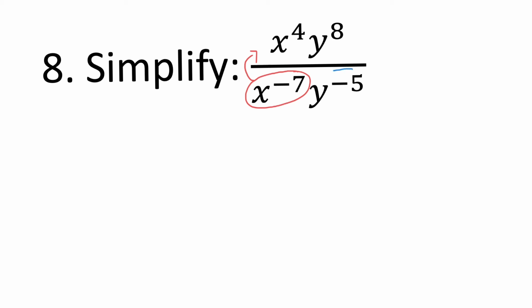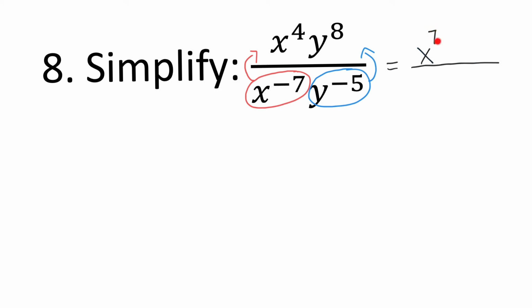And you also take the y to the negative 5th power to the top. The ones on the top, x to the 4th, y to the 8th, they're not negatives. So you keep them on the top, but you are going to take these ones to the top as well. So I'm going to put my fraction line here. Notice I'm going to take the x to the 7th power.